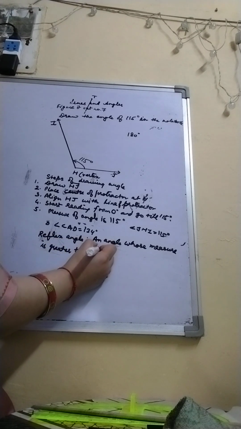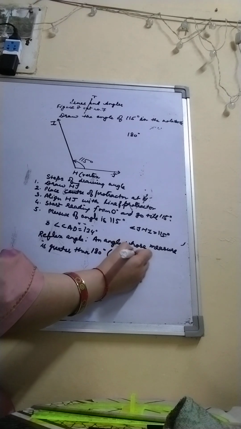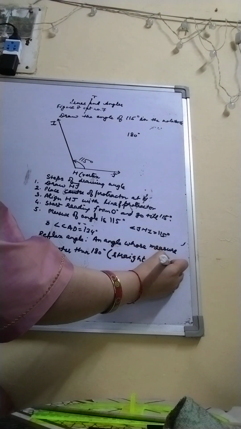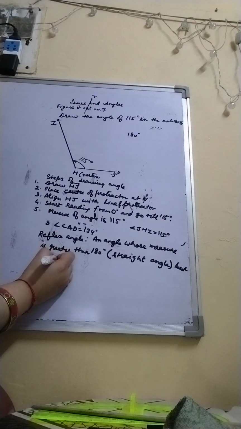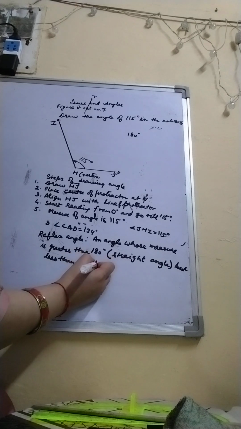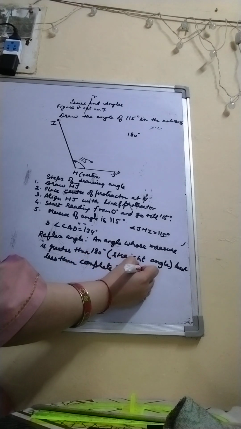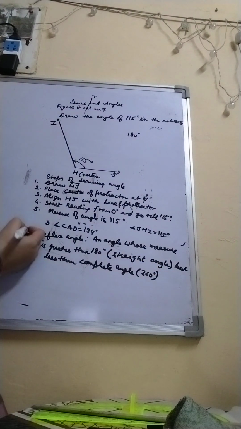This means greater than straight angle, but less than complete angle. What is the measure of complete angle? That is 360 degrees. So this is called a reflex angle.